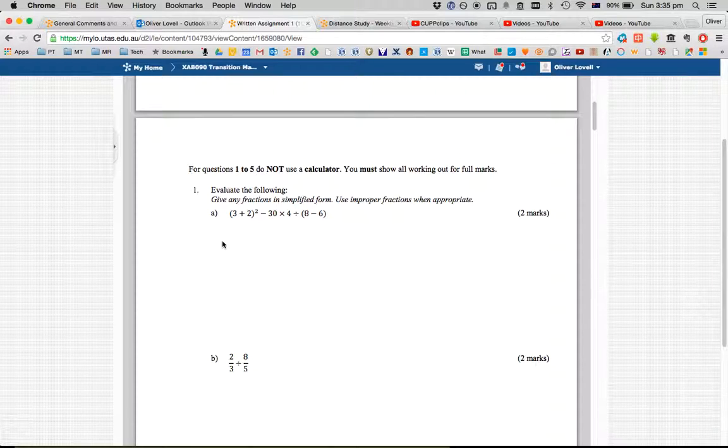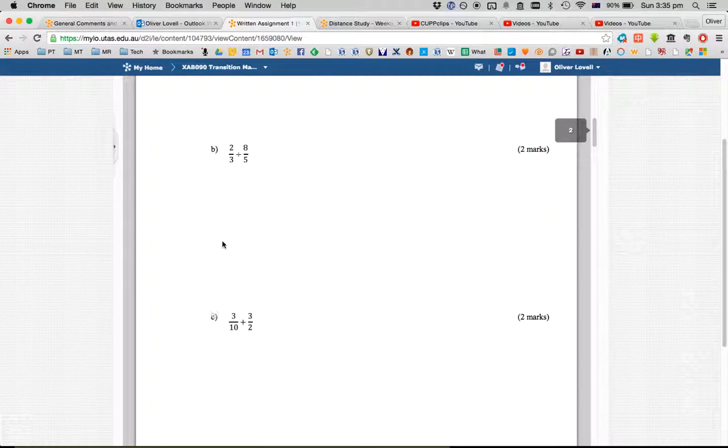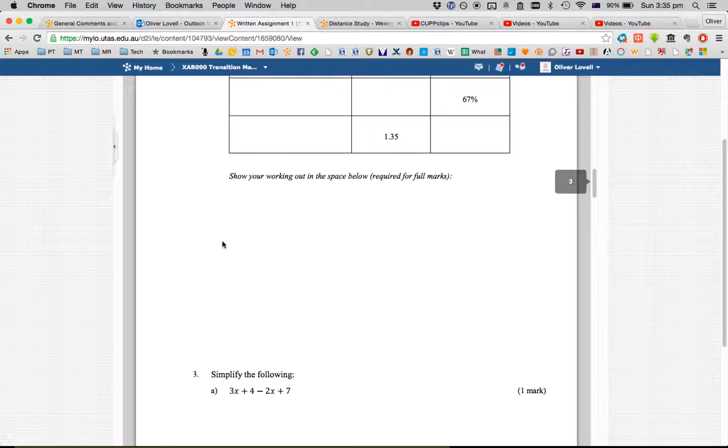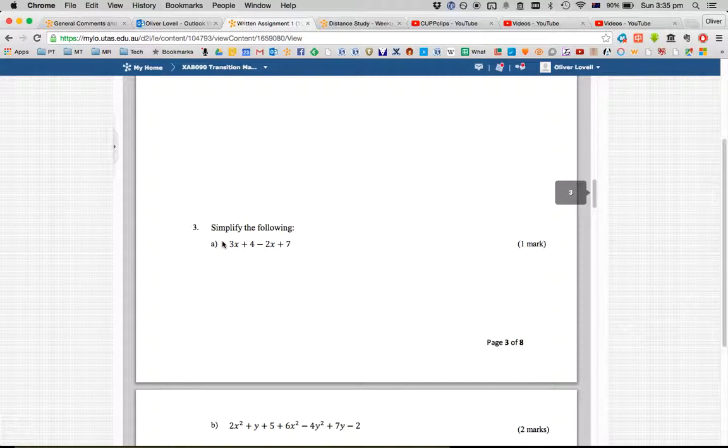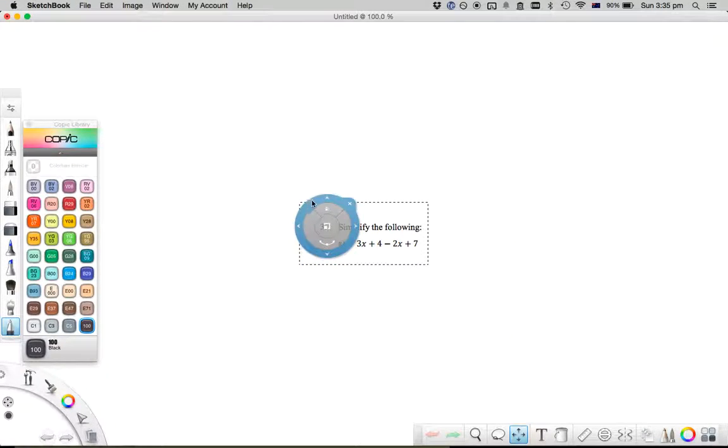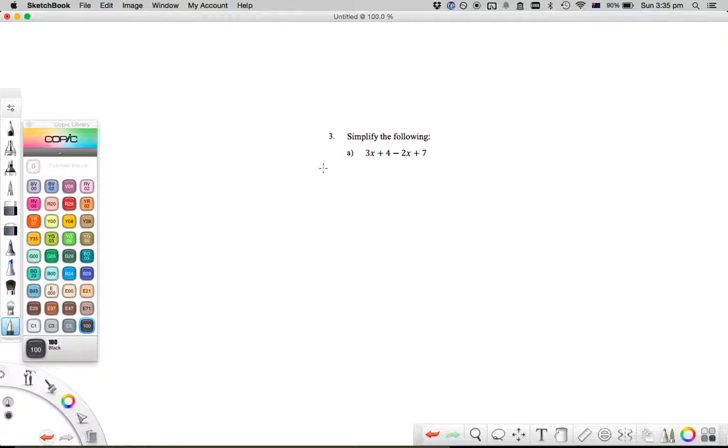The next thing was, just a really quick one, question 3. A lot of people, when they simplified it, so it was just collecting like terms, so it was 3x minus 2x was 1x equals 1x, and 4 plus 7 is plus 11, and a lot of people left it like that.